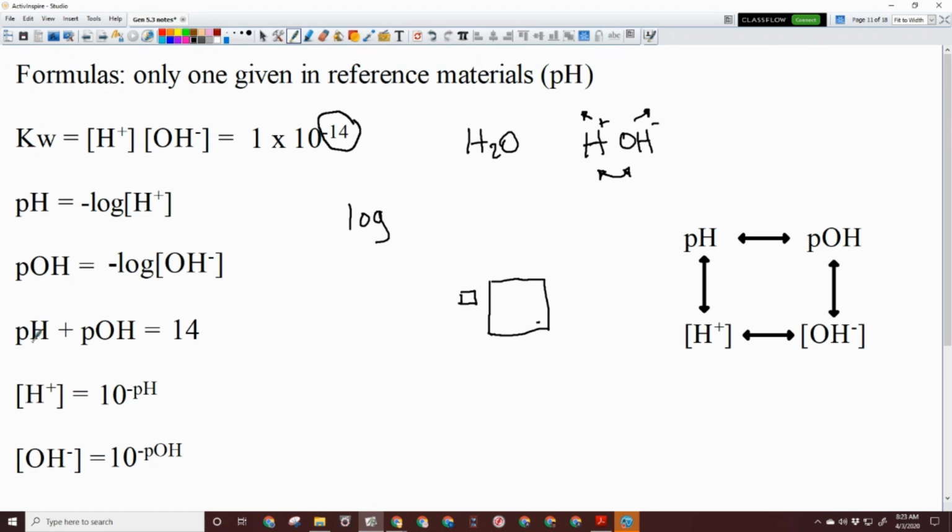All right, so the pH and the pOH value added together is going to give you the number 14. And if we have the pH, then we can calculate the concentration of the hydrogen ion, and that's 10 to the negative power of the pH. And same thing with the concentration of the OH. It's 10 to the negative pOH.